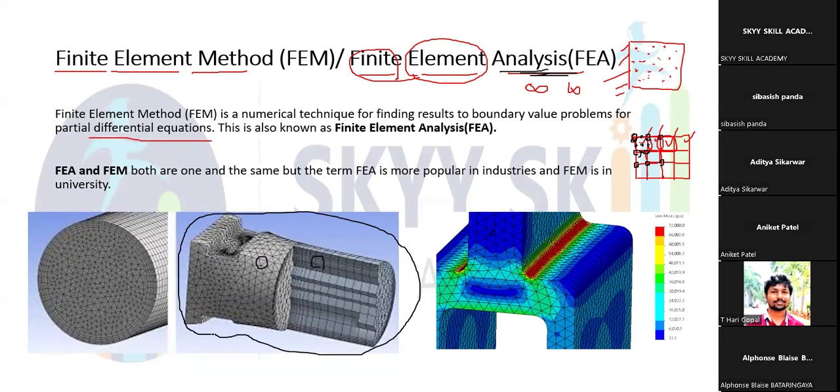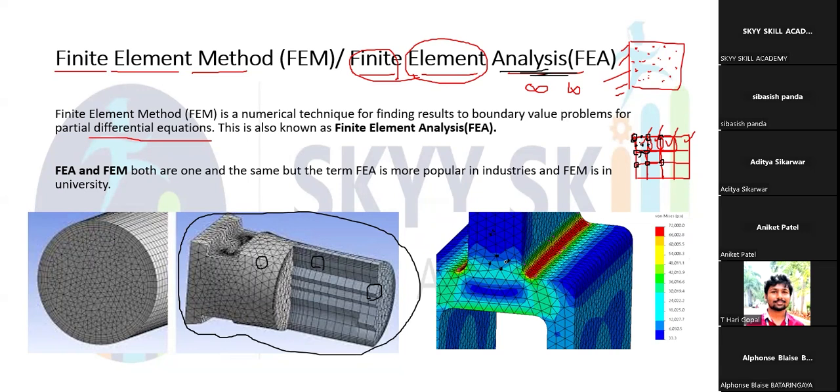If you gather all of the elements, the whole thing is known as your mesh, and the process is known as meshing. If we consider one portion from here, it is known as one element, and individually these are known as nodes. Understood? Clear? By using this, we are going to get our result.